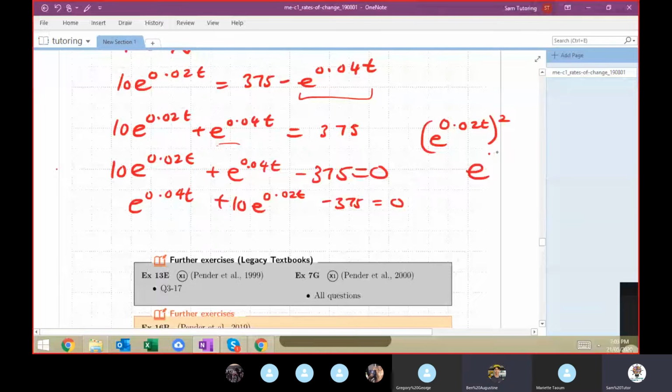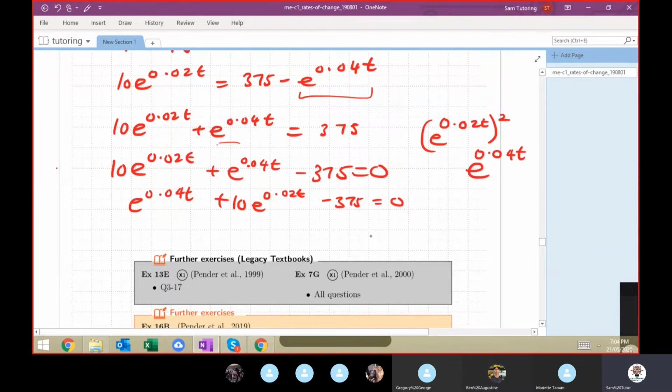You multiply the powers. It actually multiplies by 2 instead of squaring it. Otherwise, that would have been t squared as well, no problem. It just times by 2.